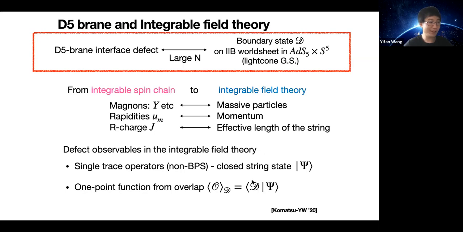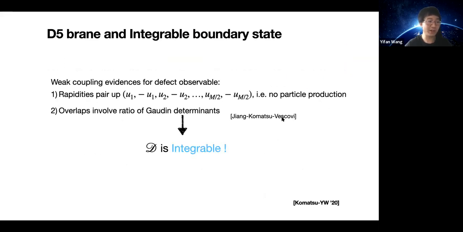If this boundary state actually preserves integrability, then we can use the integrable structure of the field theory to bootstrap this kind of observable. Because I don't have much time, I'll just say that there is some evidence for the integrability of this boundary state coming from weak coupling results from the spin chain. From now on, we'll assume that this boundary state is indeed integrable and carry out the bootstrap procedure.